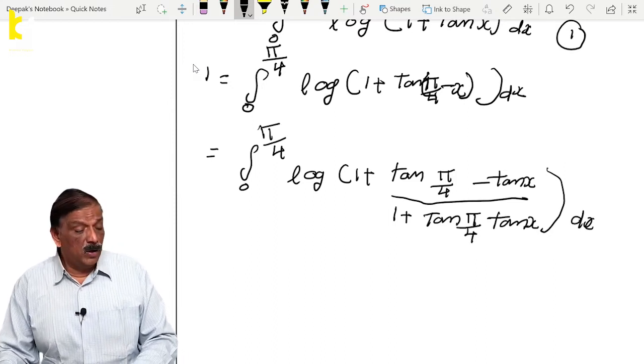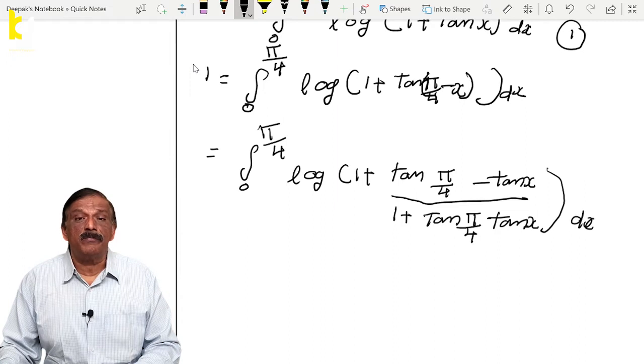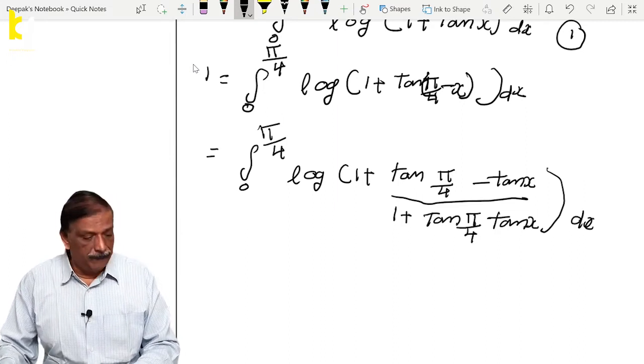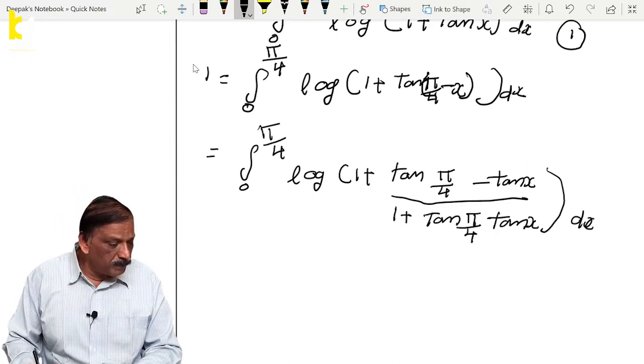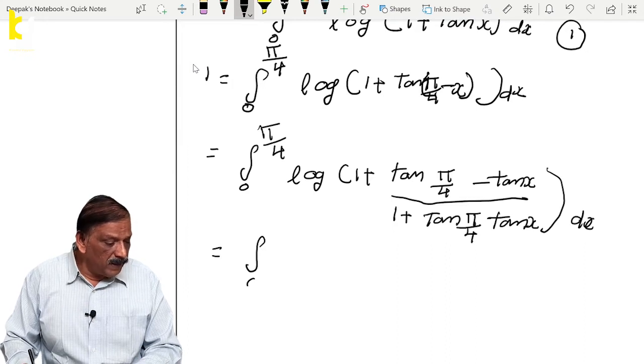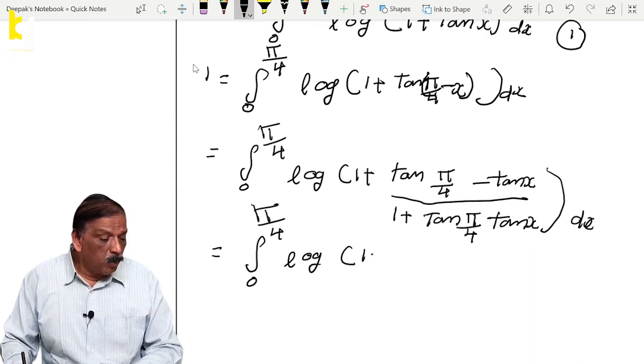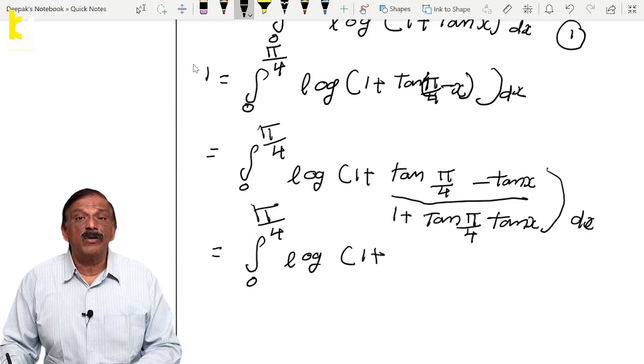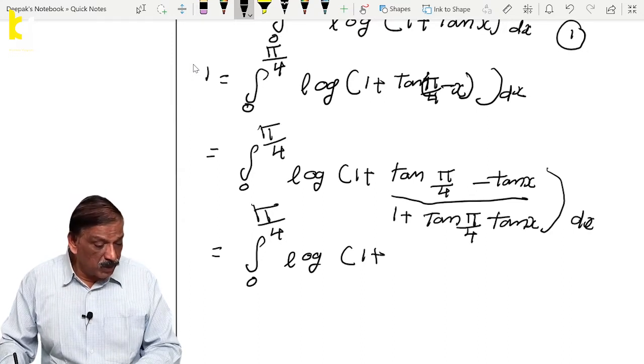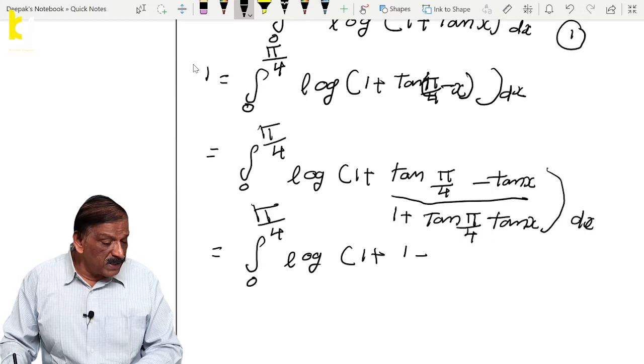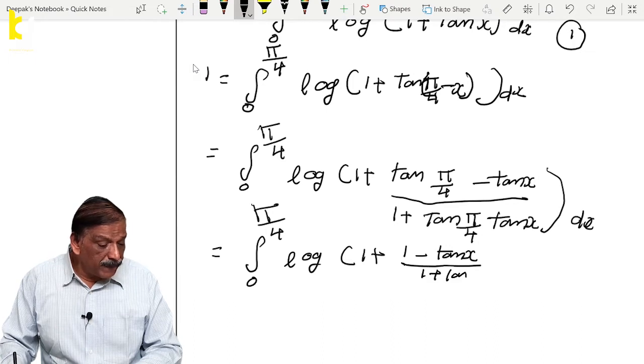We know tan pi by 4 is tan 45, that is equal to 1. So this is equal to integral 0 to pi by 4 log 1 plus 1 minus tan x divided by 1 plus tan x dx.